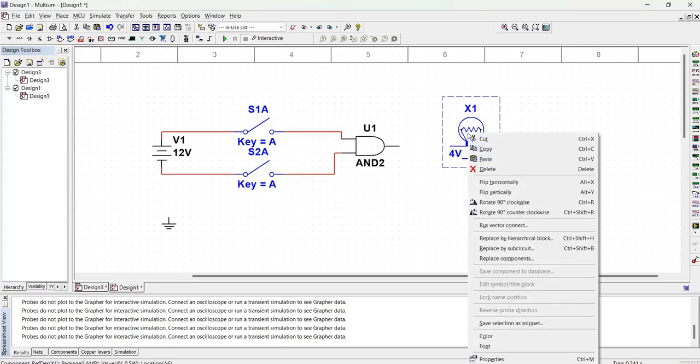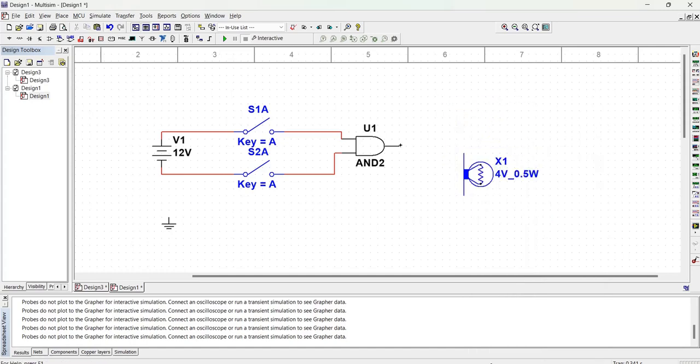Then we can also flip or rotate it by 90 degrees clockwise. Then our output from the AND gate will go to the bulb. Then we need to connect the end of this bulb to the ground or the negative side of the battery.